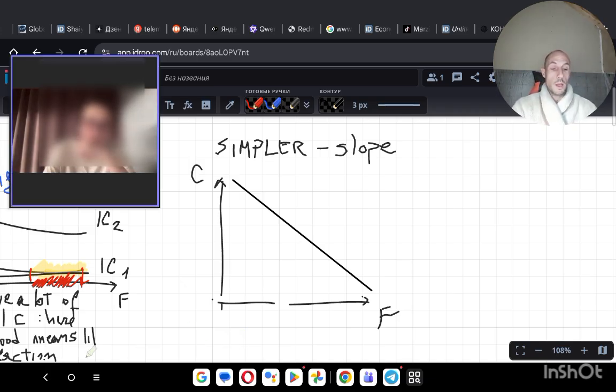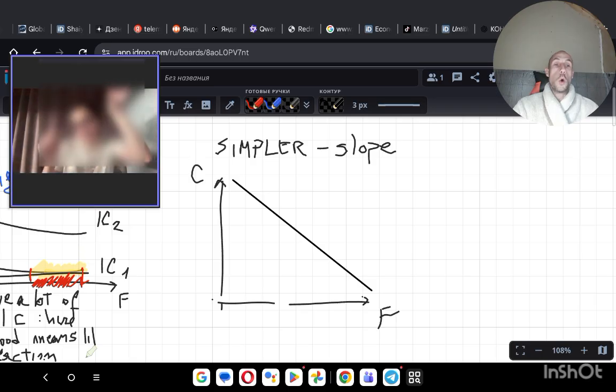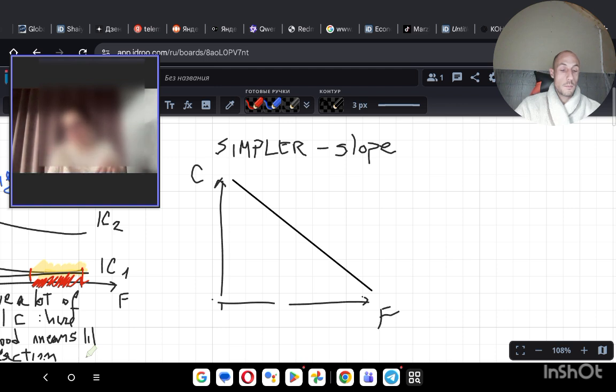But anyway, here we talk about slope. In what is called, and now I'm getting technical, marginal rate of substitution.